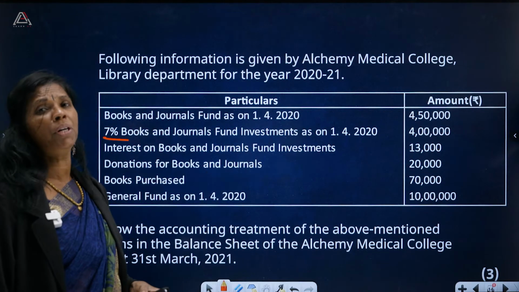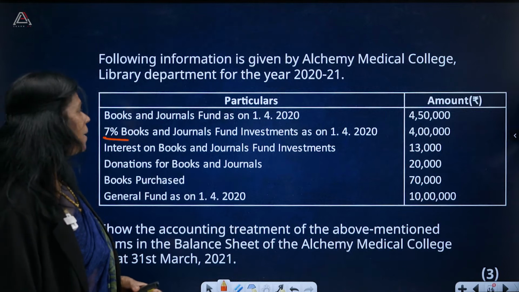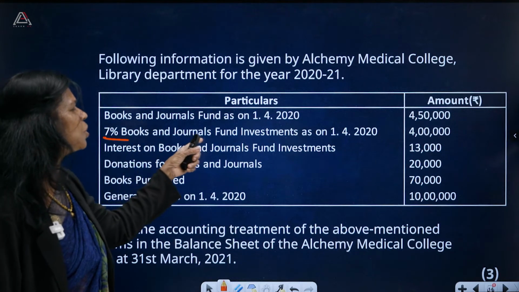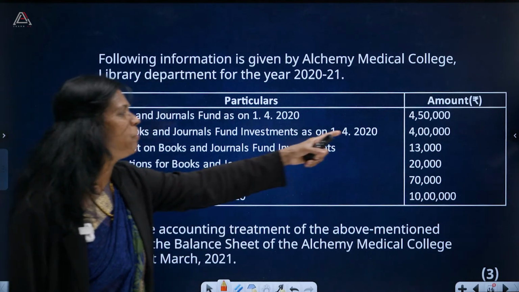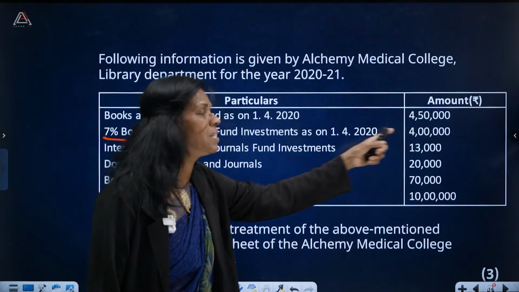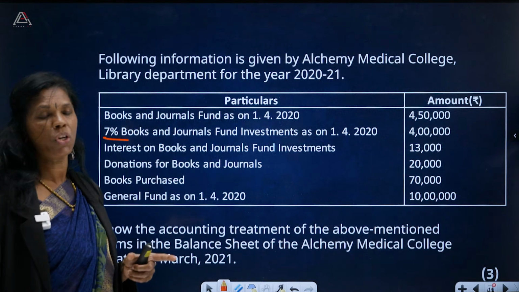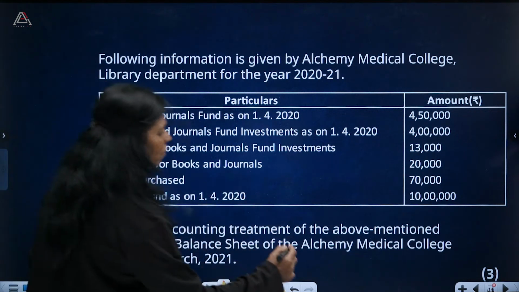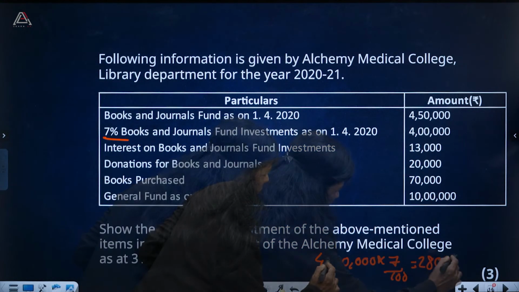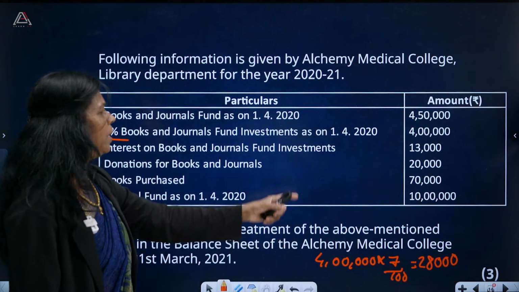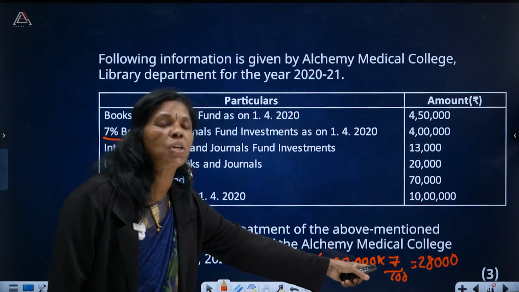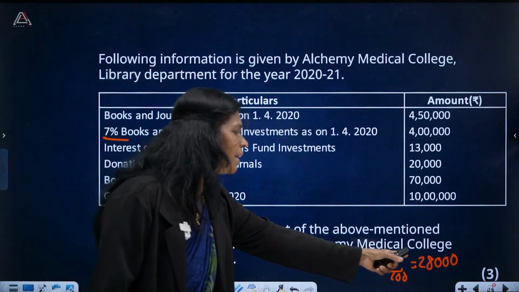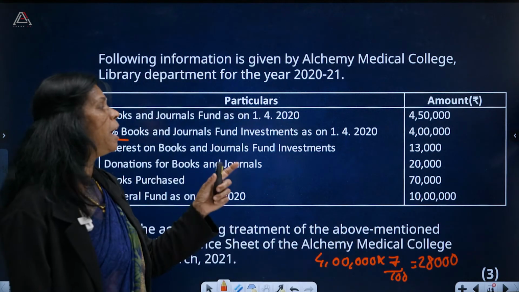Then, have you any idea whether there is any accrued interest? See, 7% books and journal fund investment, how much is it? 4 lakh. This 4 lakh, the interest percentage is 7%. So actually, on this 4 lakh investment, how much is the interest? 7%, that is 28,000 we will be able to get.